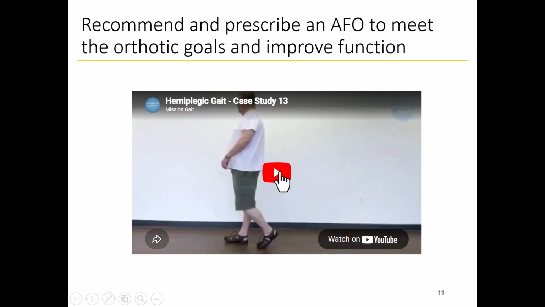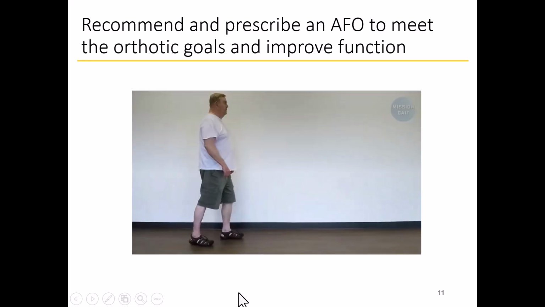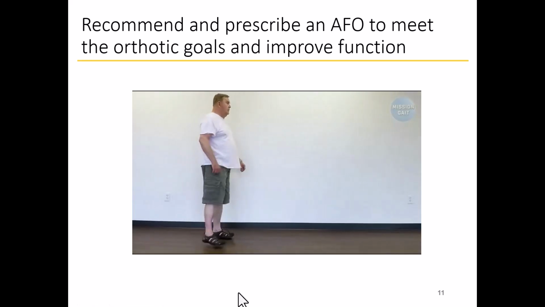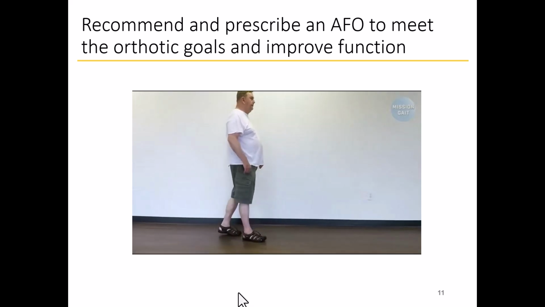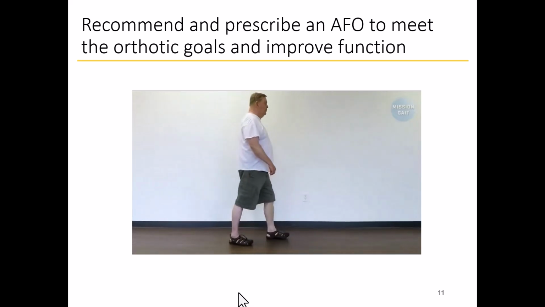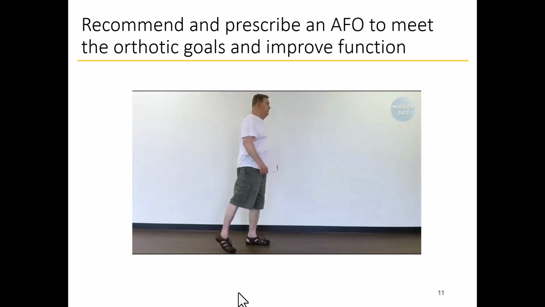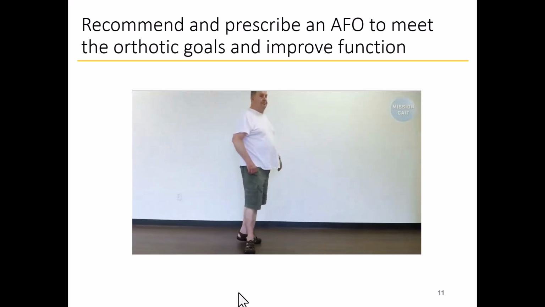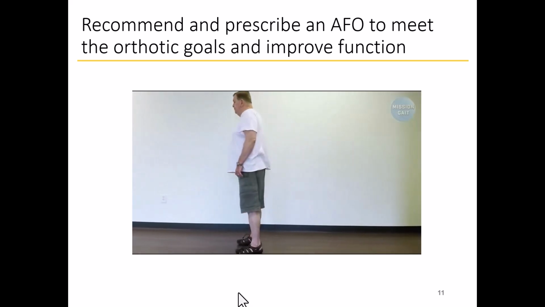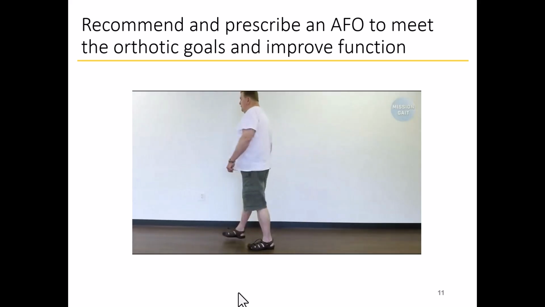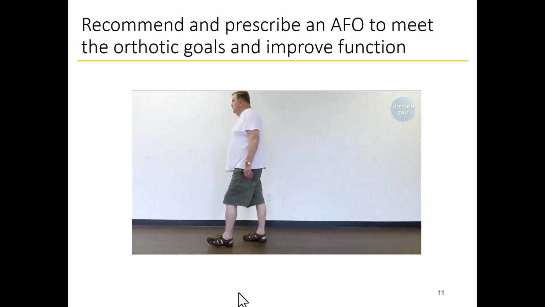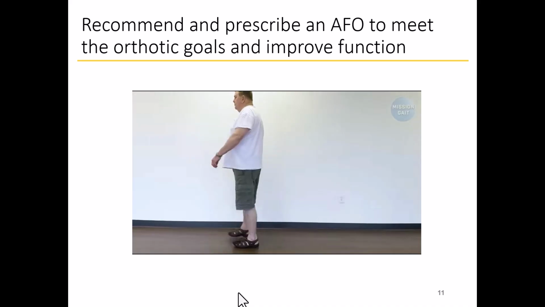So as we watch this patient ambulate, we're going to document that he ambulates without an assistive device, that he walks with a step-through gait pattern, and that he walks with a slightly slower velocity. So those are the spatiotemporal findings. Now we're going to look at some of the gait deviations.